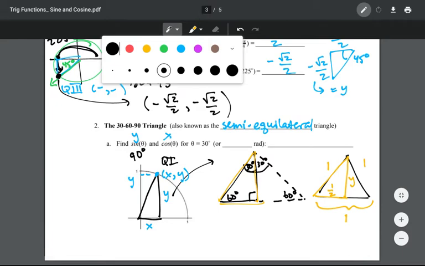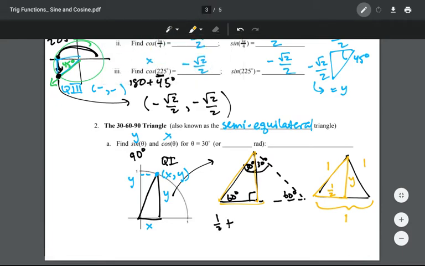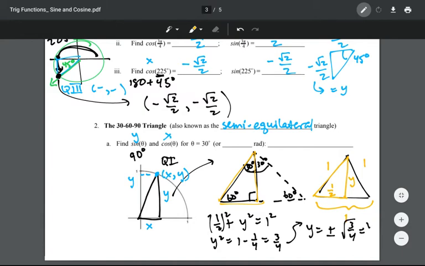Okay, so Pythagorean Theorem. 1/2 squared plus y squared is equal to 1 squared. Y squared then is 1 minus 1/4, which is 3/4. So y is plus or minus the square root of 3/4. I'm in quadrant 1, so I'm just going to choose the positive and write that as radical 3/2.